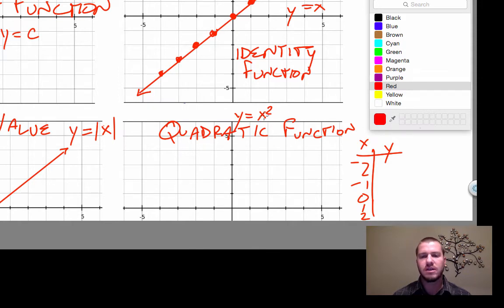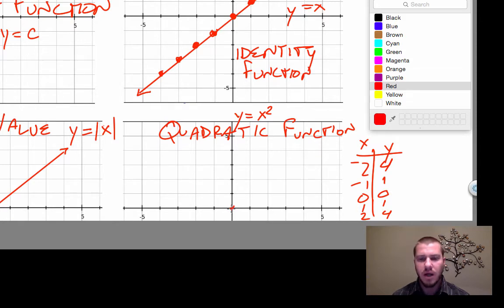If we look at this, some of you may know what this looks like, the quadratic. You've seen it before. If I plug in these values for x, negative 2 squared is 4, negative 1 squared is positive 1, 0 is 0, 1 squared is 1, and 2 squared is 4.